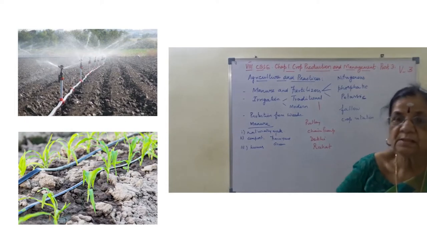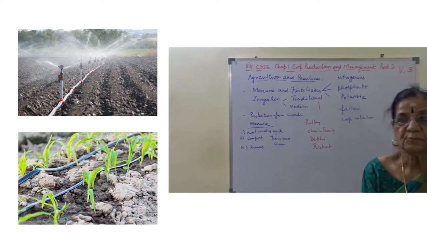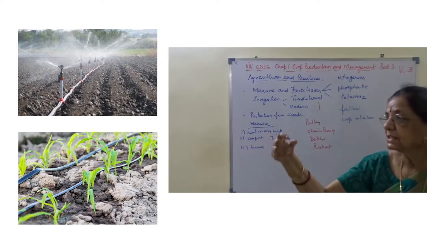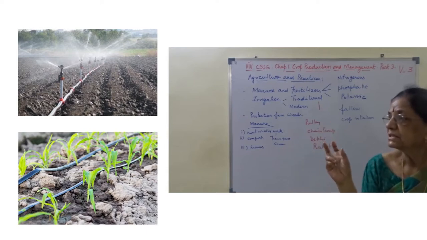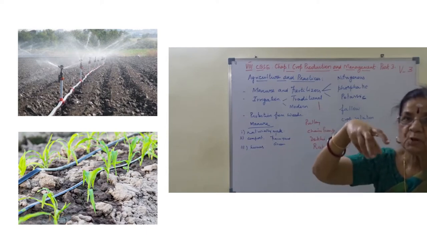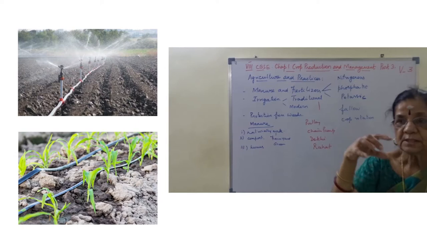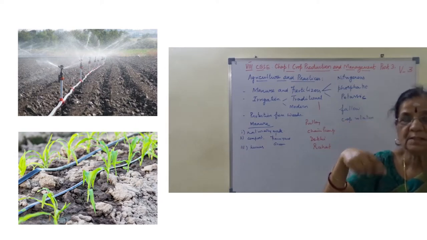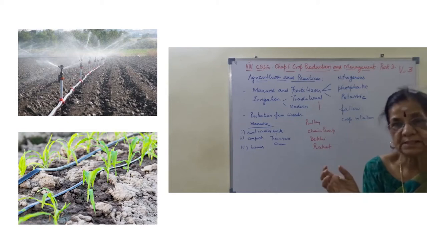Sprinkler irrigation, in the crop field we put a long pipe, then the connection, where this water will be sprinkled. The nozzle, when it is rotating, the water will be sprinkled. That is sprinkler irrigation.